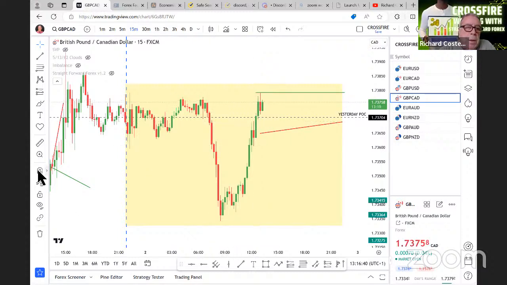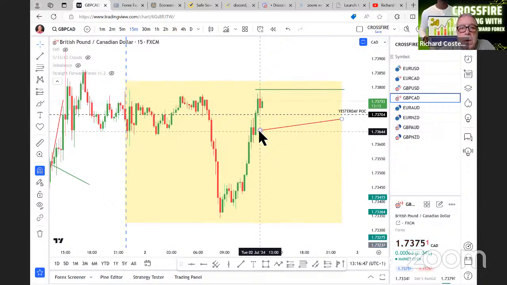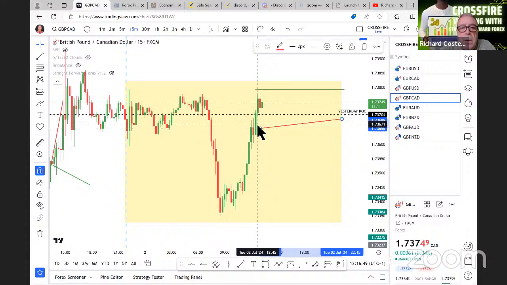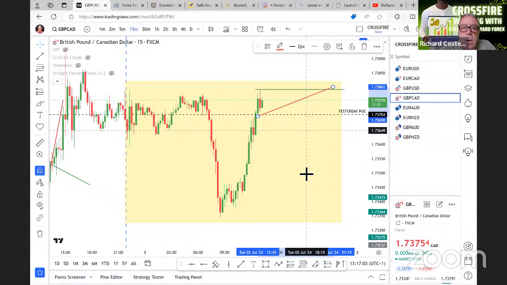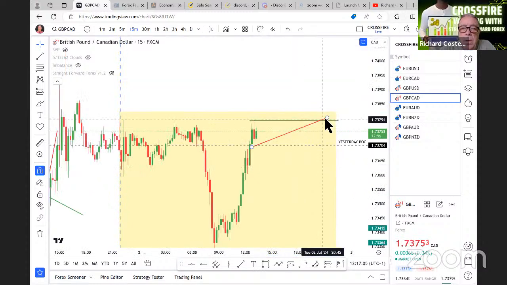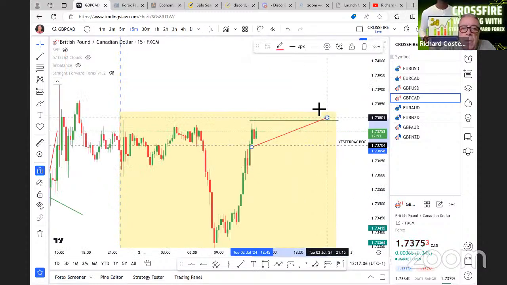So if I put the magnet tool on, and just drag this somewhere close, it should snap into position. There we go. And then I need to drag the other end so that the line touches the bottom of the 1 o'clock candle. And we do that for all four pairs.